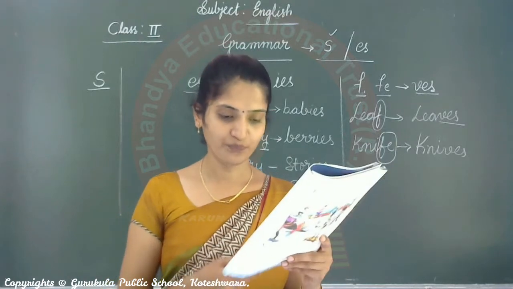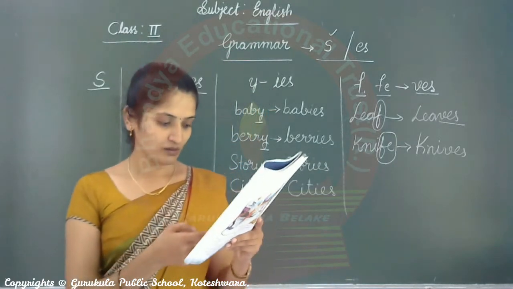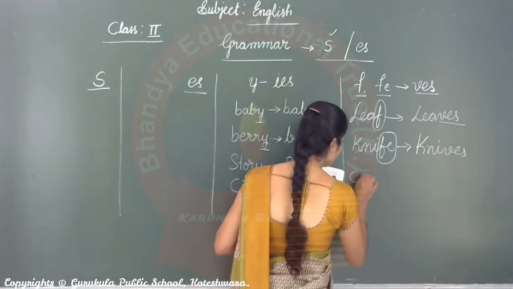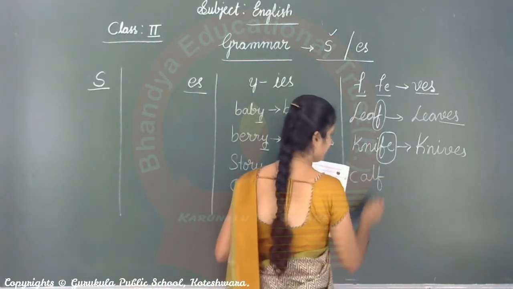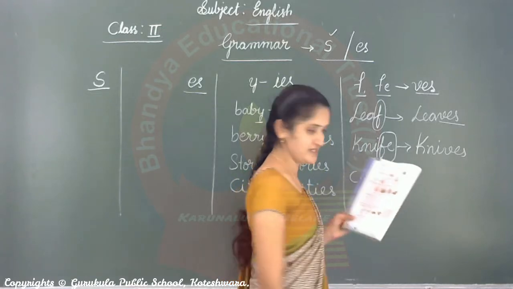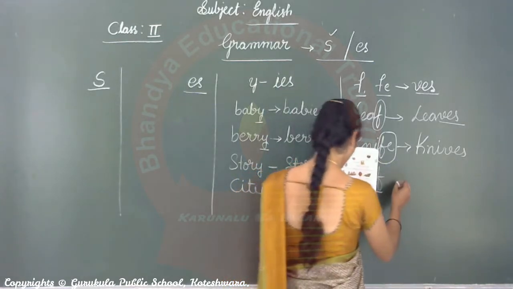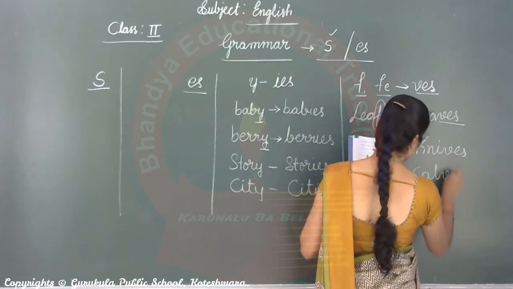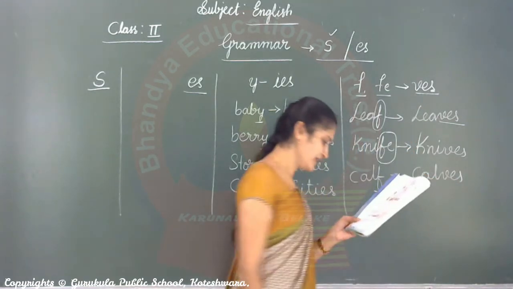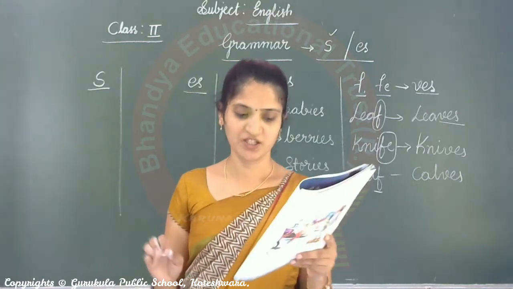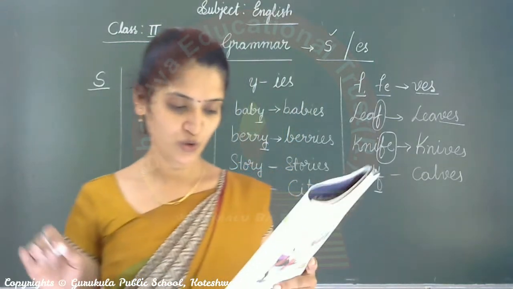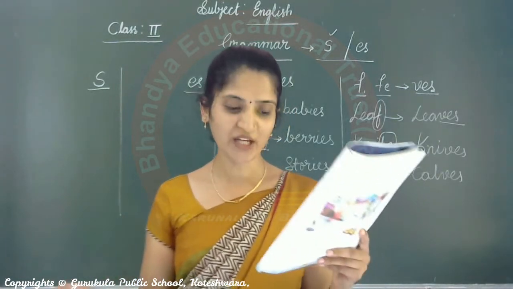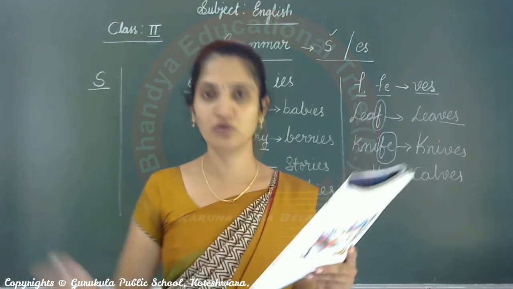Calf, ending with the letter F, right? C-A-L-F. Calf. Instead of this, I am writing calves. Calves. See, like that. Shelf, shelves. Hoof, hoofs. Leaf, leaves. Wife, wives. Wolf, wolves. Right?